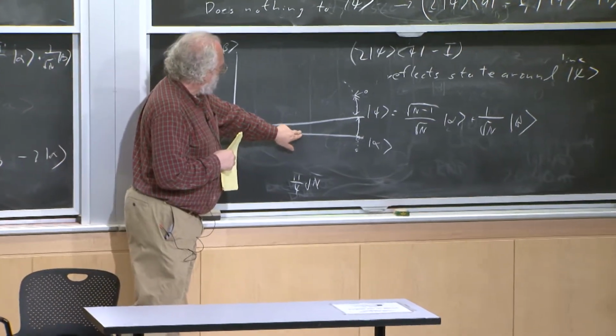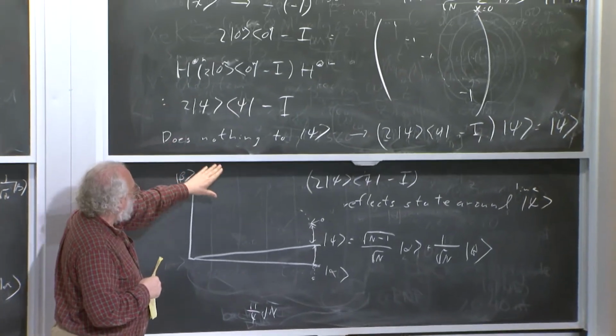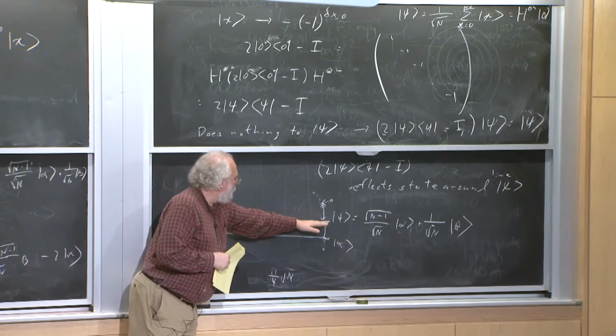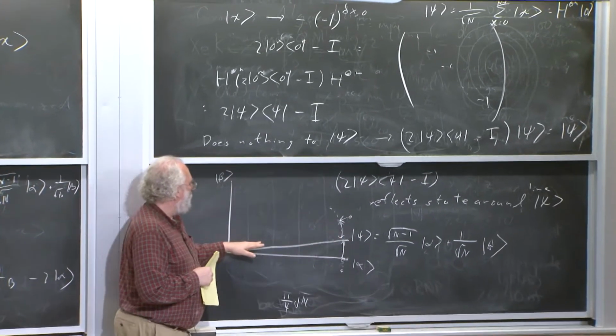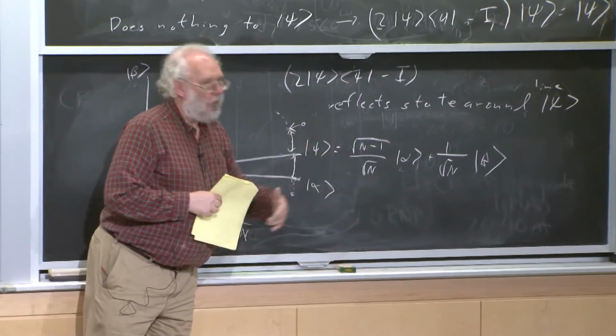So this reflects the alpha beta plane around the line psi equals root n minus 1 over root n alpha plus 1 over root n beta.